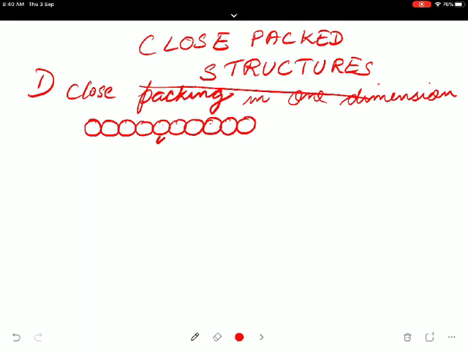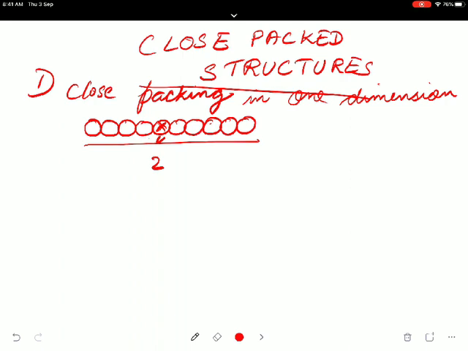The number of nearest neighbors in contact, means touching, of a particle is called its coordination number. So what is the coordination number of this atom in this row? That is 2.